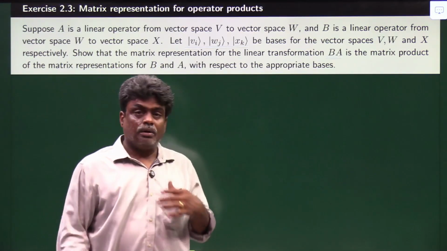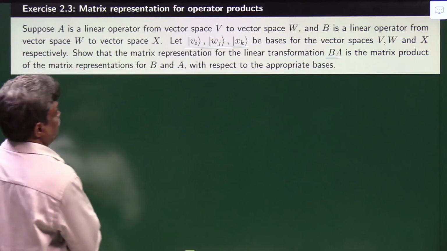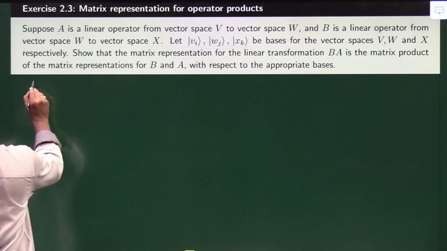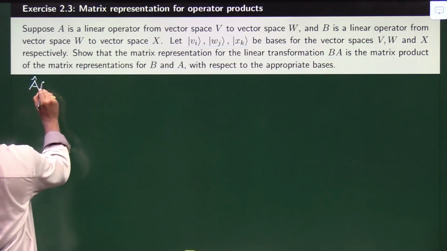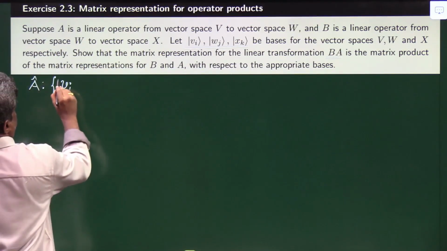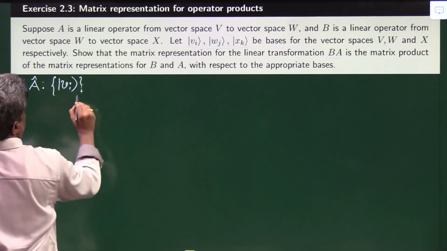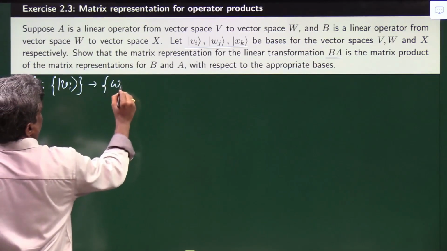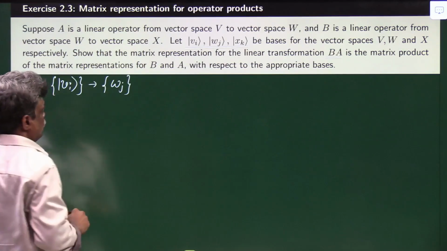Okay, now let us do the mathematics here. So as usual, I am taking this operator A, which is transforming this input basis Vi to Wj.